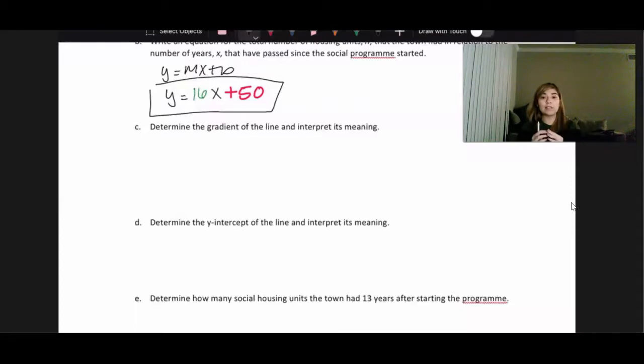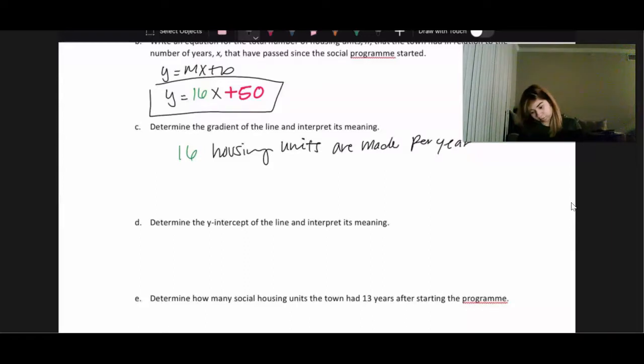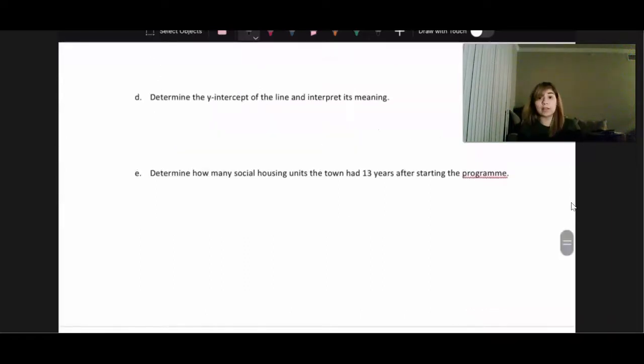Determine the gradient of the line and interpret its meaning. My gradient, and I already talked about it, is 16. What this means is 16 housing units are made or built per year. Determine the y-intercept and its meaning.